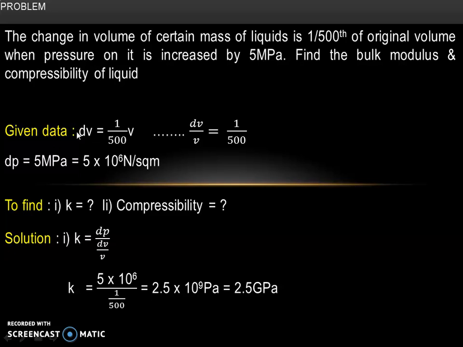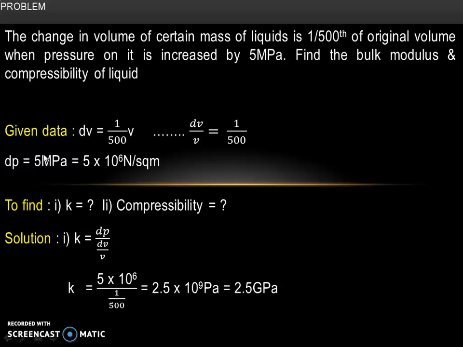To begin with, write down all the given data. First one is the change in volume. We denote change in volume by dV, which is equal to 1 divided by 500 of the original volume. Original volume is denoted by V. And then the pressure is increased by 5 MPa.